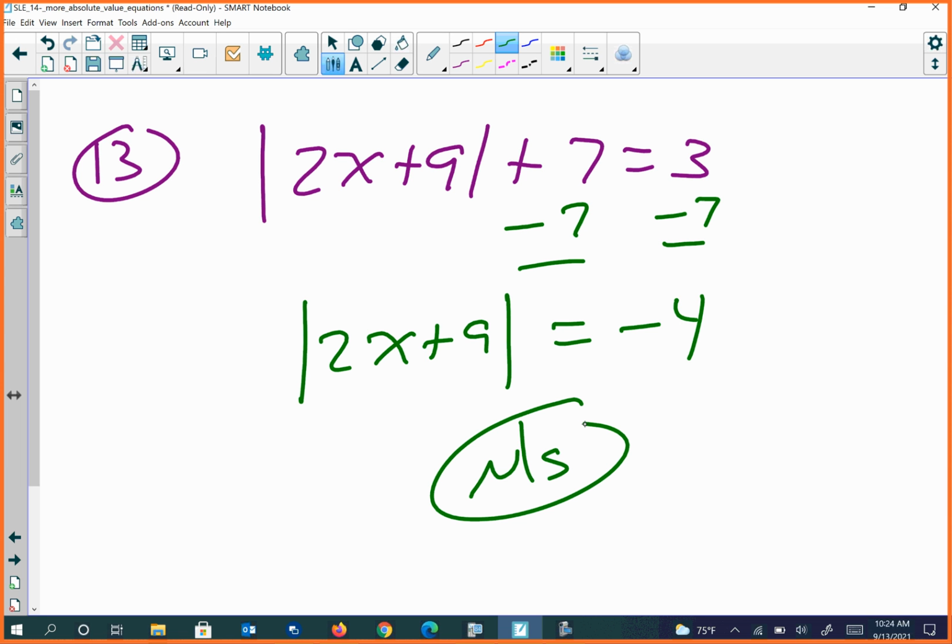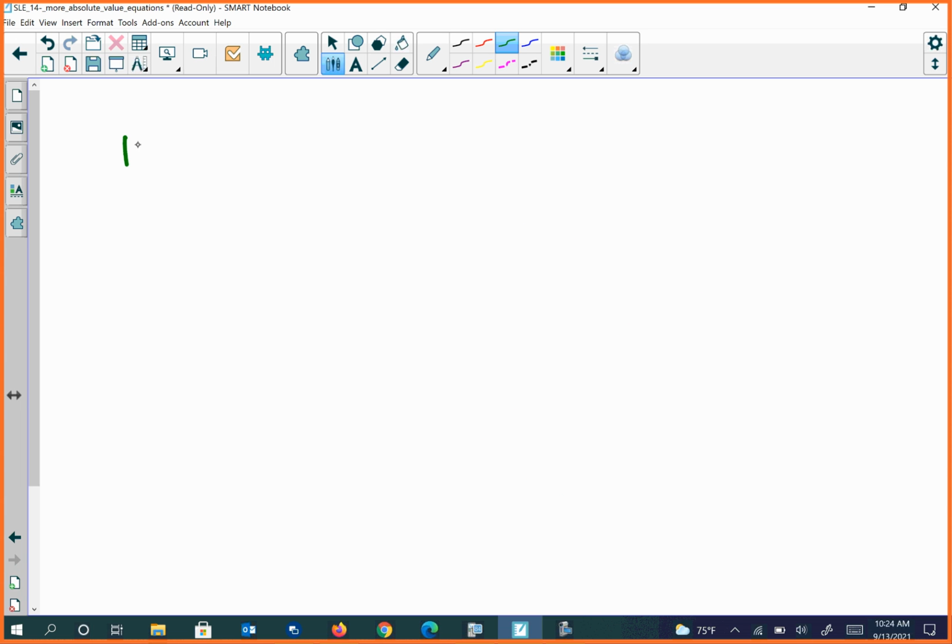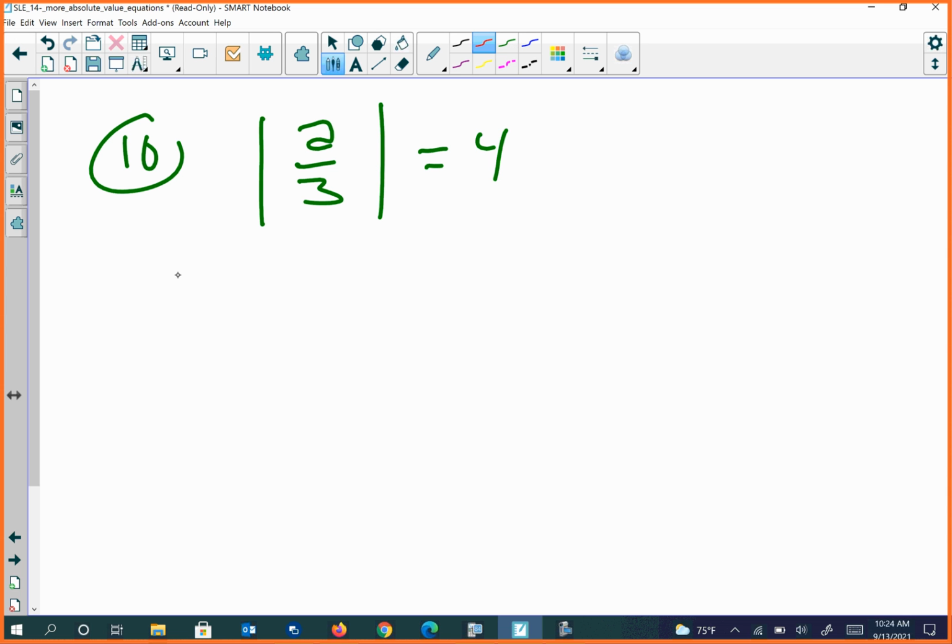What else did you see? Number 10, I have this. The absolute value is all by itself, so I can break it into two different things. I have a over 3 equals 4, and I have a over 3 equals negative 4.